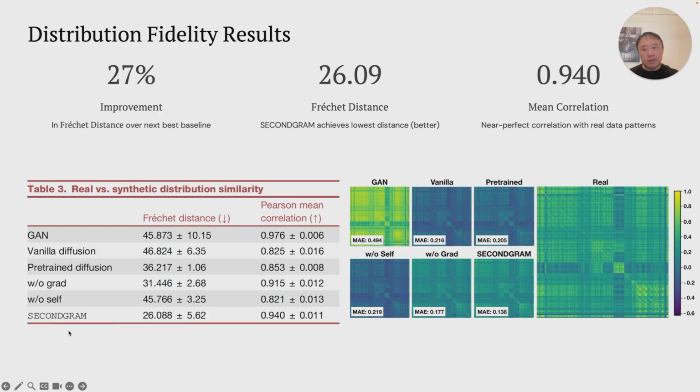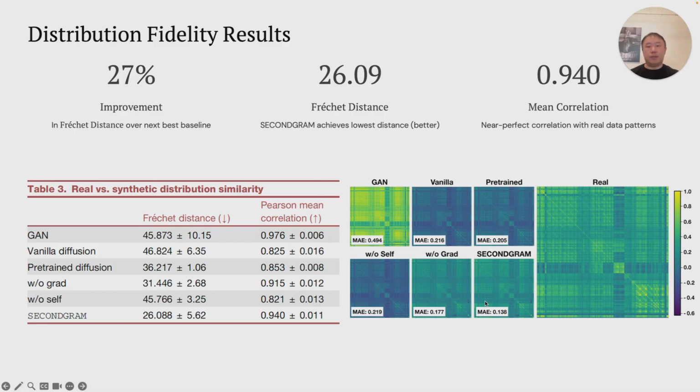Here lower is better. SECONDGRAM significantly outperforms all those baselines. And again, in the ablation study, those two techniques, self-conditioning and gradient manipulation, are actually important. We have a 27% improvement over the next best baseline.